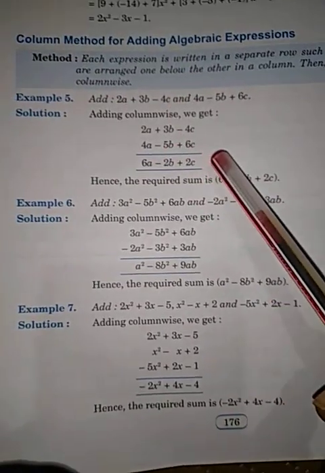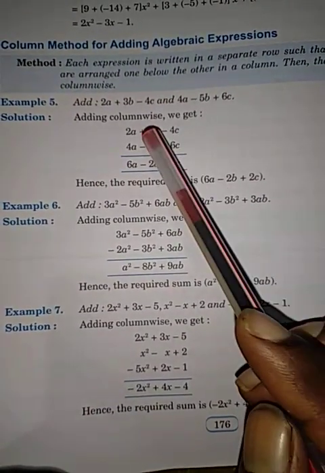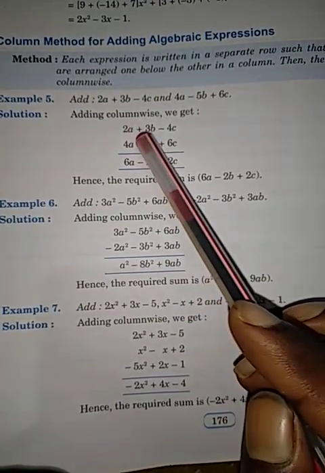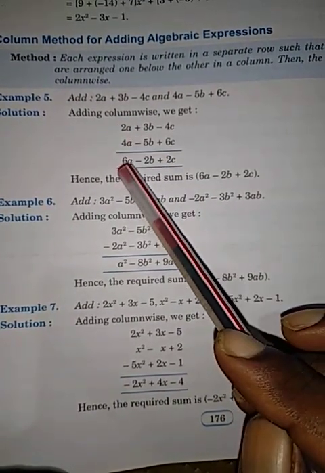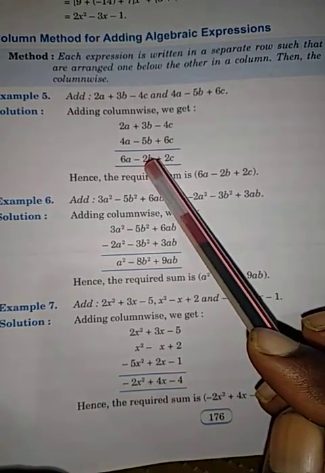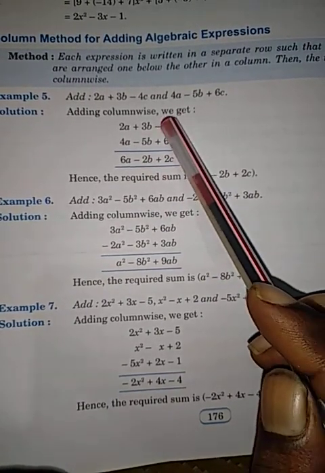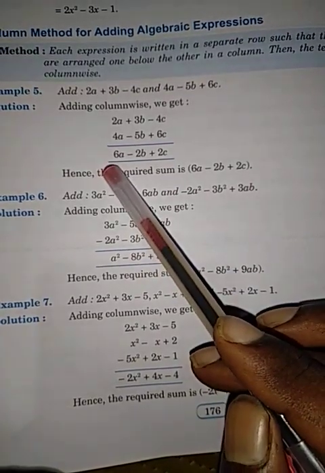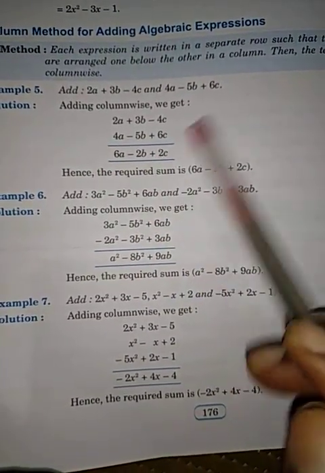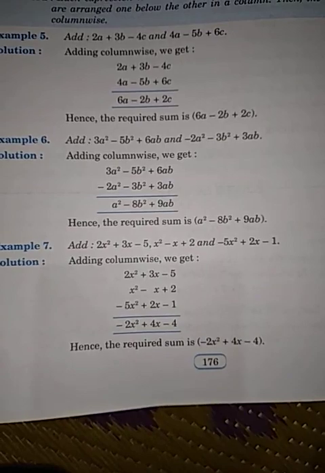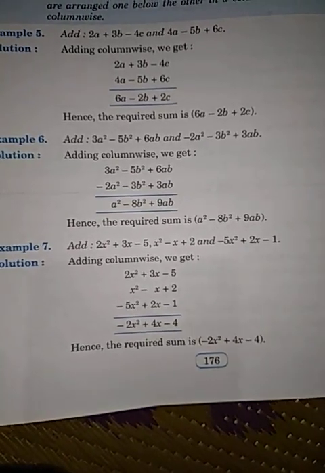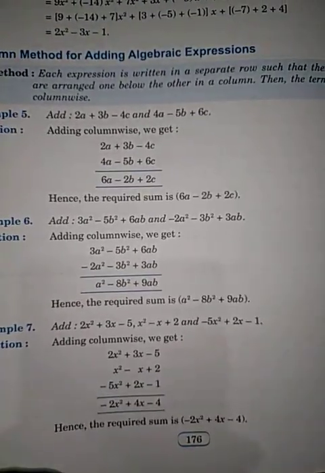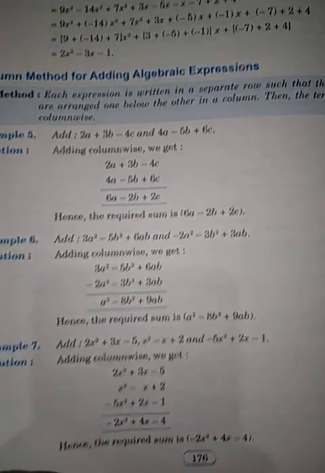Now we add: 2a plus 4a, 2 plus 4, 6a; 3 minus 5, that is minus 2b; minus 4 plus 6, that is plus 2c. Hence the required sum is 6a minus 2b plus 2c. This is the procedure of adding in the column method.